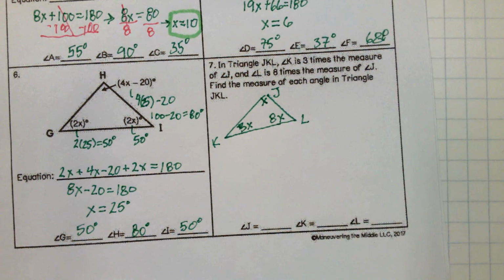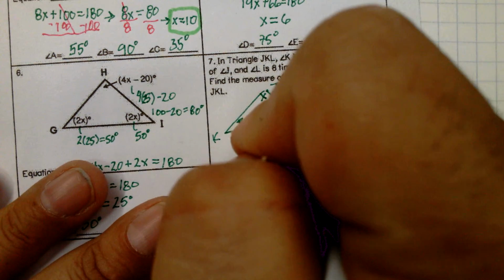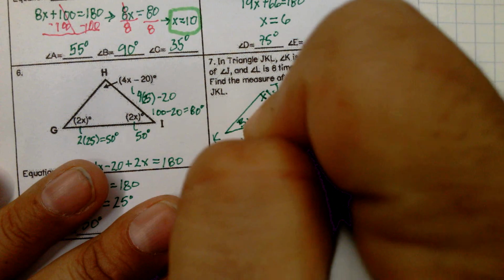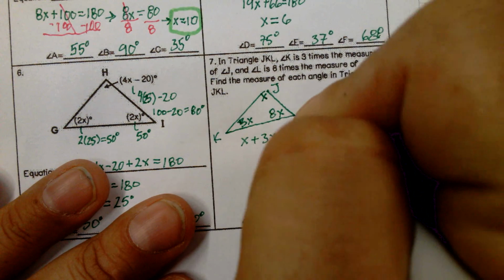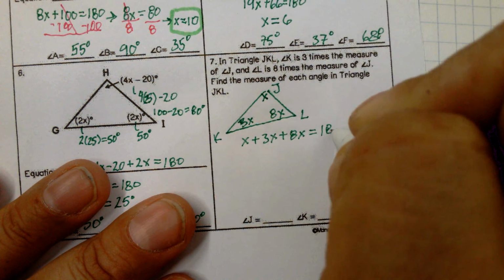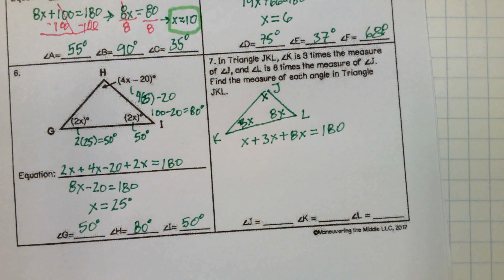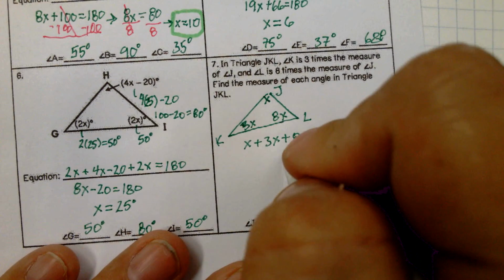So we just got our three angle measurements as expressions: x, 3x, and 8x, and that has to add up to 180. Okay. And so what is that? 12x?